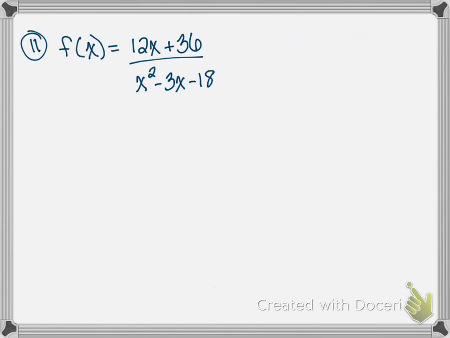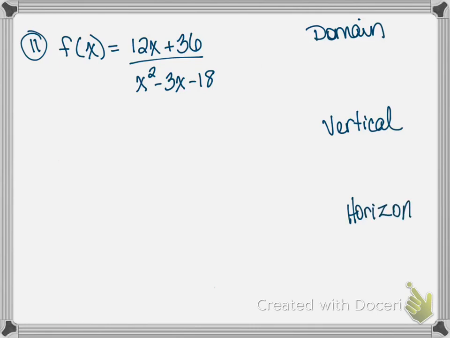Now we are dealing with rational functions. You are not going to be asked to graph rational functions. What you're going to be asked to do is find the domain, and then we are going to find vertical asymptotes and horizontal asymptotes. Okay? So, in order to find the domain, what we are worried about is the denominator.